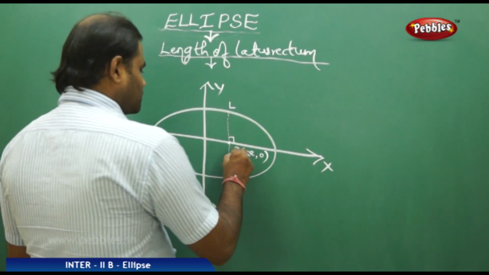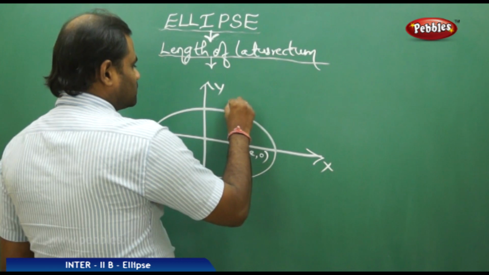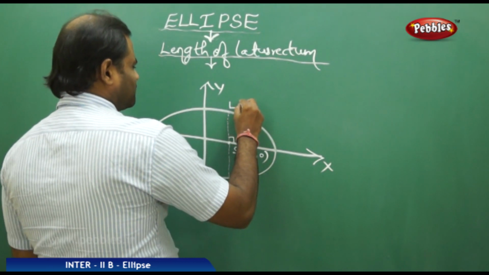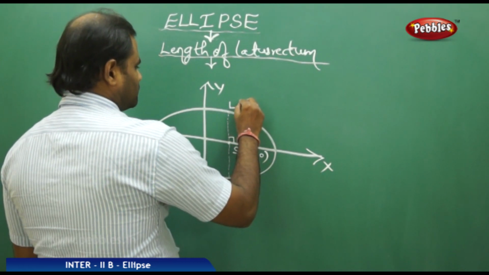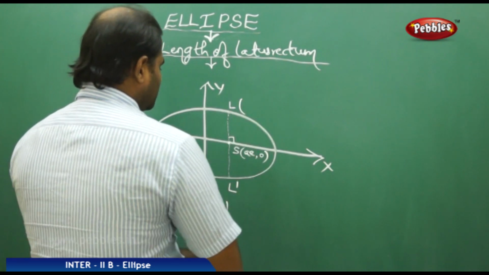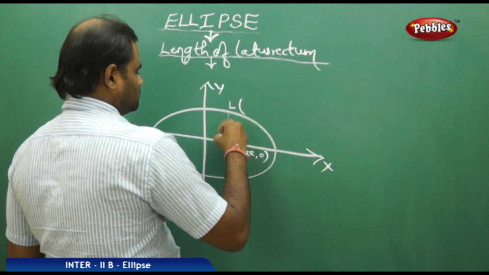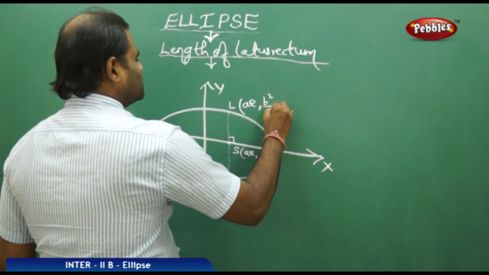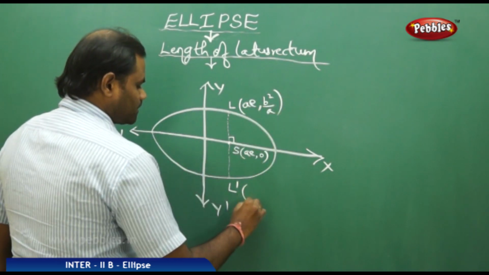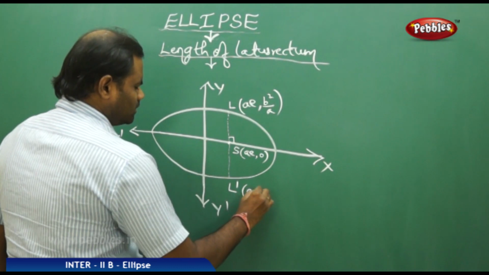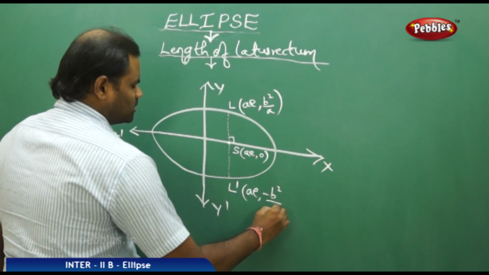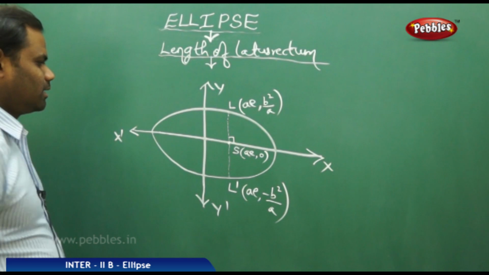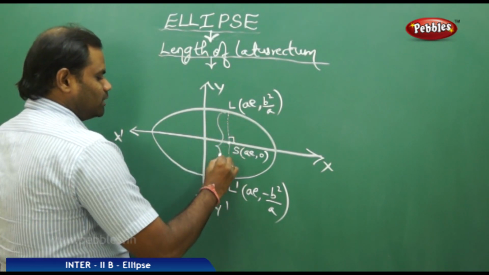With this latus rectum, let me find the coordinates of L. The coordinates of L are given by (ae, b square by a) and L dash (ae, minus b square by a), and this is the length of the latus rectum.